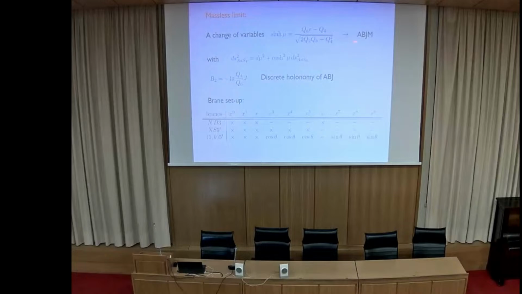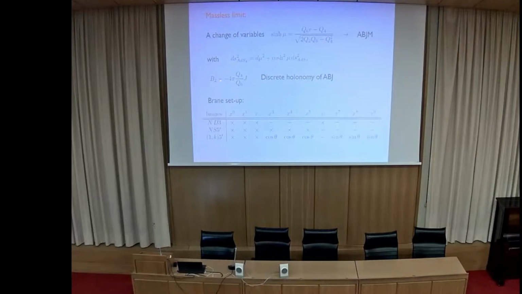You remove the D8 brane, make a nice and simple change of coordinates to a new non-compact direction mu, and it turns out that this is what you build out of the AdS3 and the R part that is now mu. And all these coefficients, related to your question, in that case are constants in the massless case. So you recover the ABJM metric.